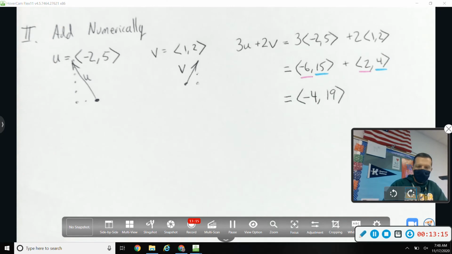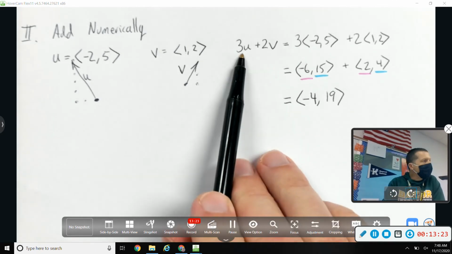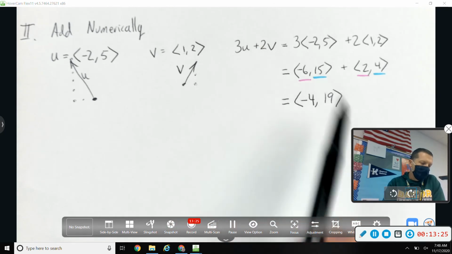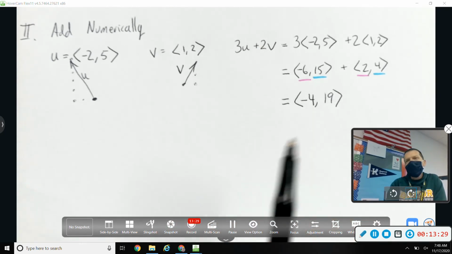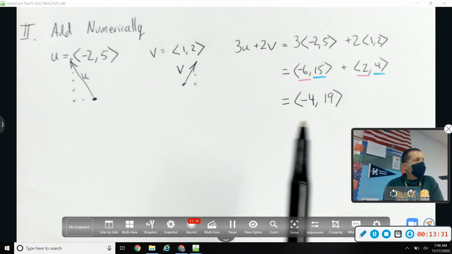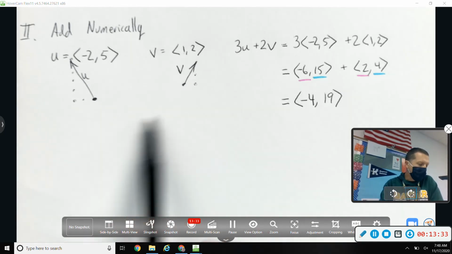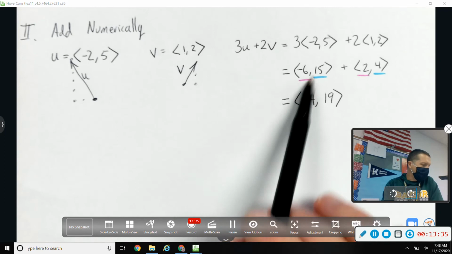So 3u plus 2v would be negative 4, 19. That means if you traveled 3 u's and then 2 v's, you would end up backwards or left 4 and up 19 from where you started. So that's sort of the link between the picture and the numerical.